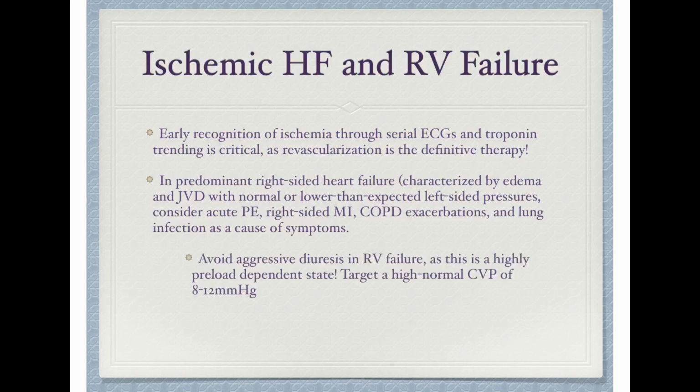In these patients, it's very important to avoid aggressive diuresis, as right ventricular failure is a highly preload dependent state, and you should actually be targeting a high normal CVP of 8 to 12 millimeters of mercury in order to ensure that the patient doesn't acutely become hypotensive as a result of hypovolemia.